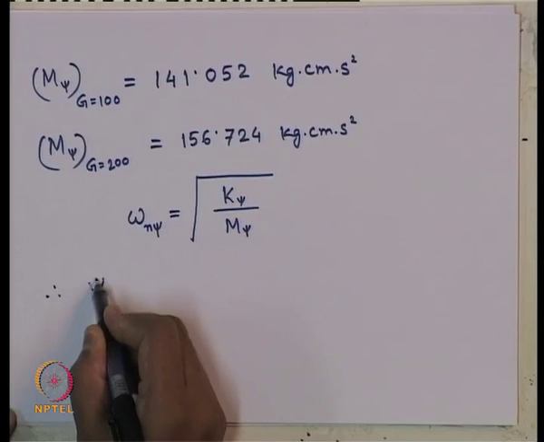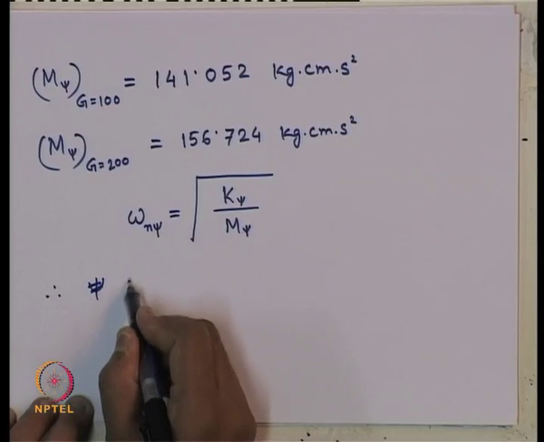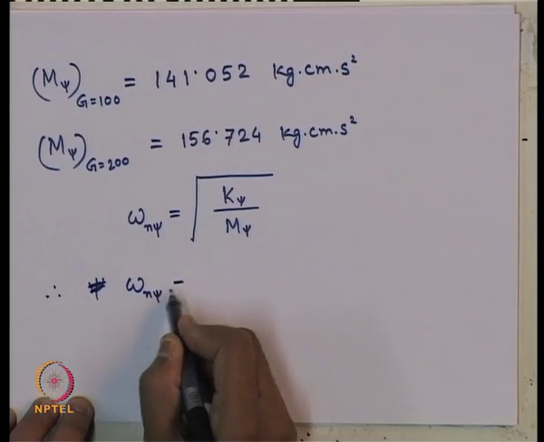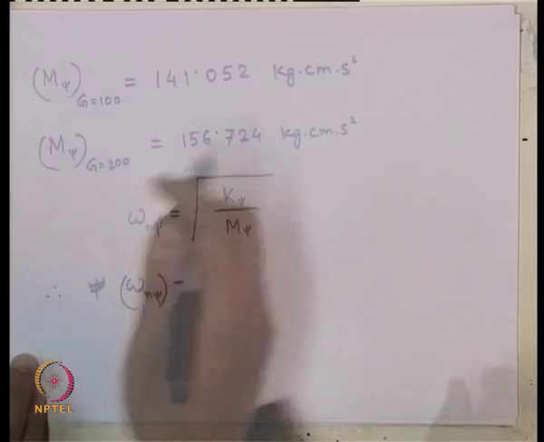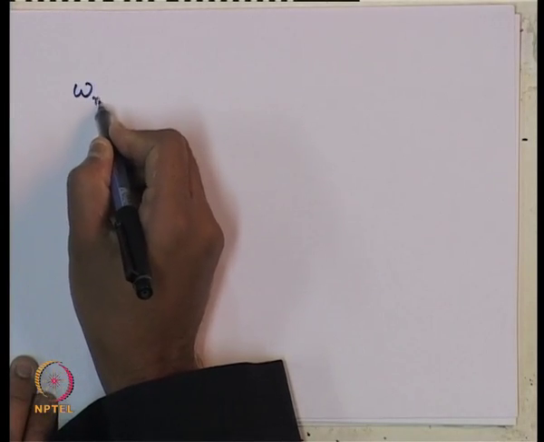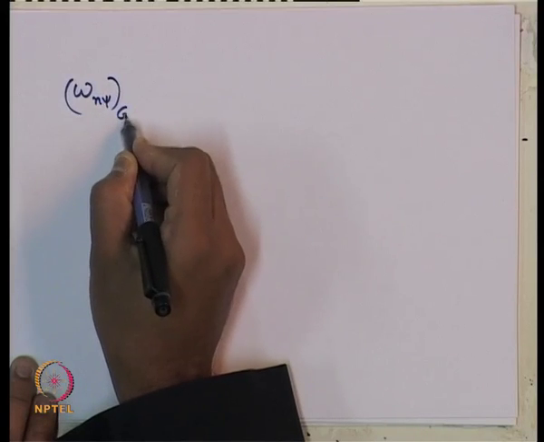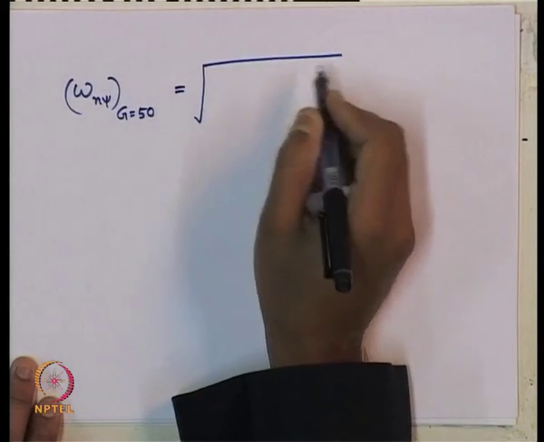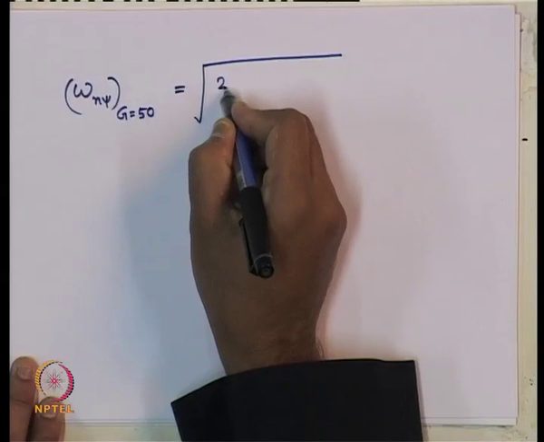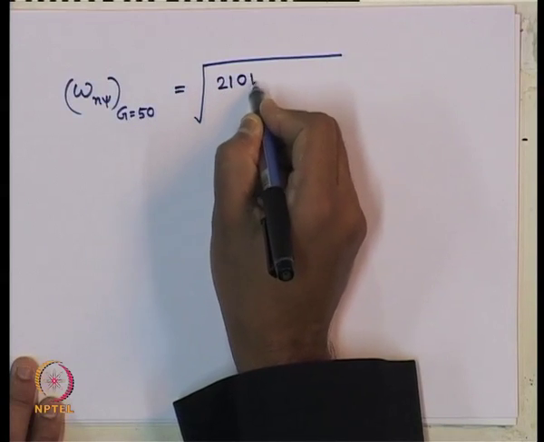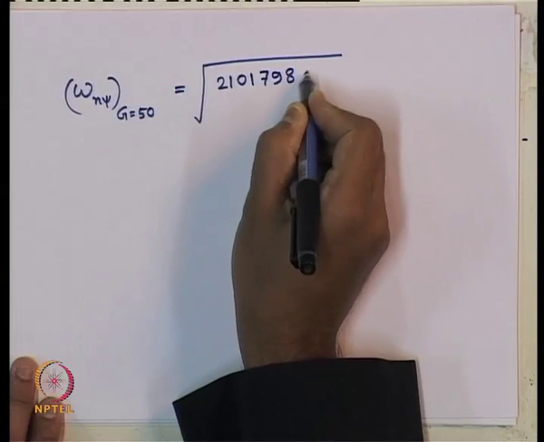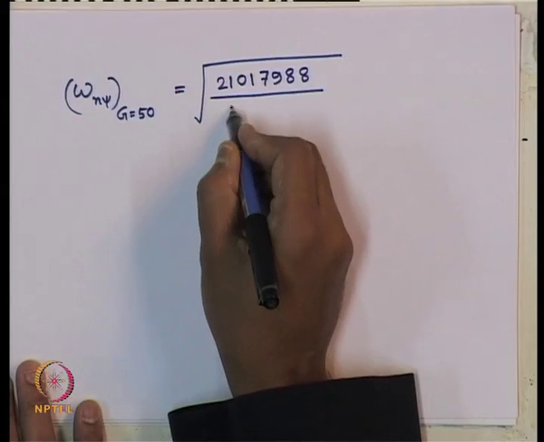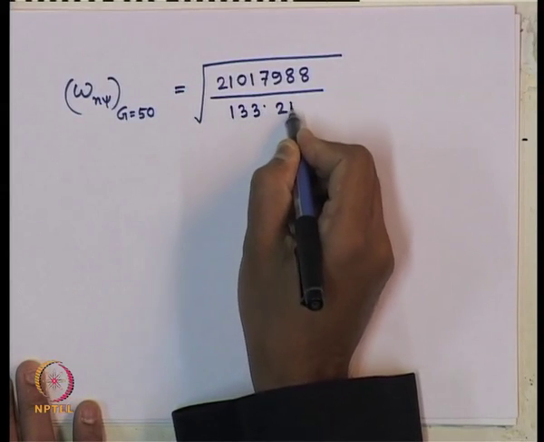Therefore, let us compute omega n psi for the first type of soil, that is G equals 50. That will be k psi, how much we had calculated? 2101798 divided by m psi, how much we got? 133.215.